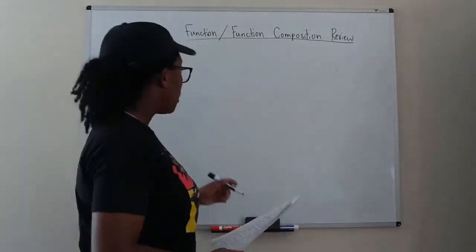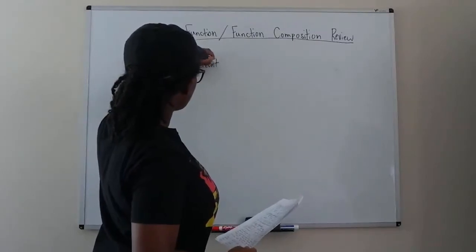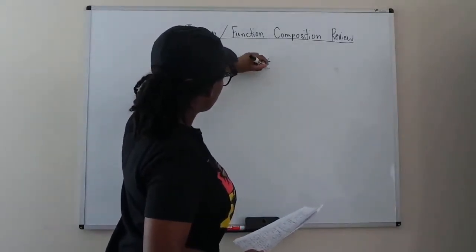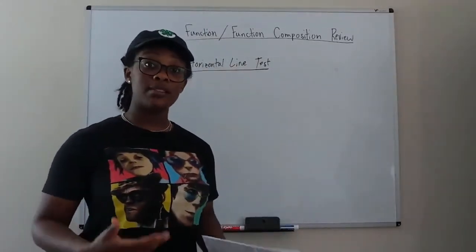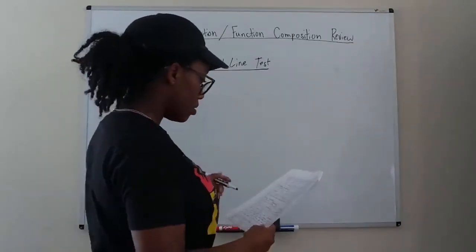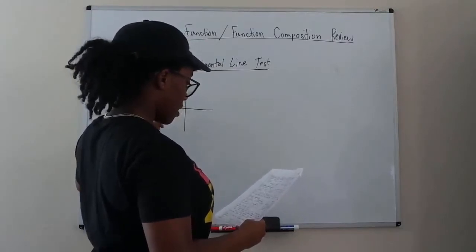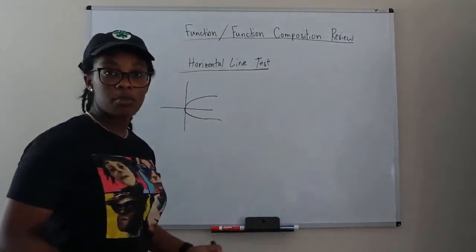Okay, so the next thing is the horizontal line test. So just like we have a test to see if the actual function is a function, we have a test to see if its inverse is a function as well. So let's say we have something that looks like this, kind of a sideways parabola.